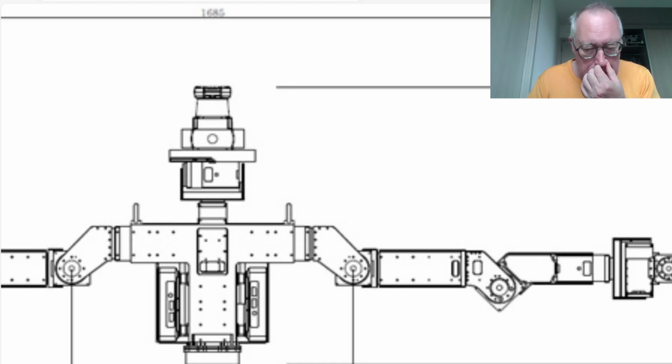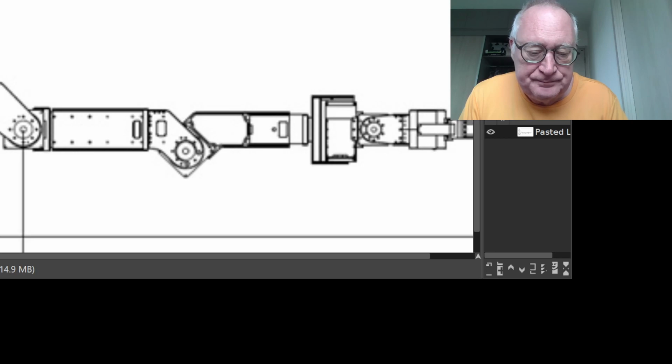Okay, so I shall switch to here. And then, okay, here I get pixel coordinates.